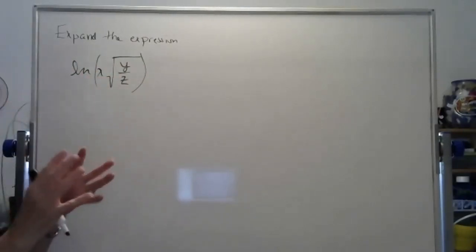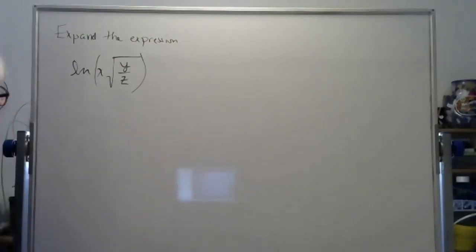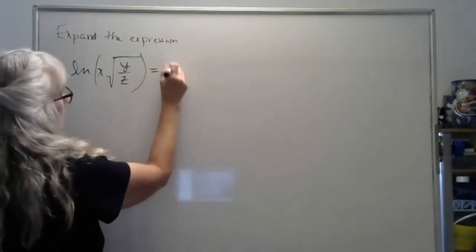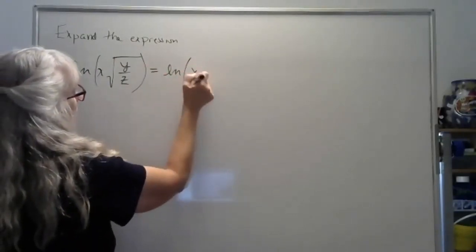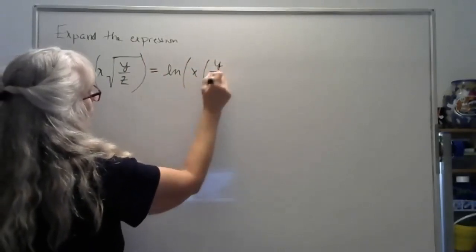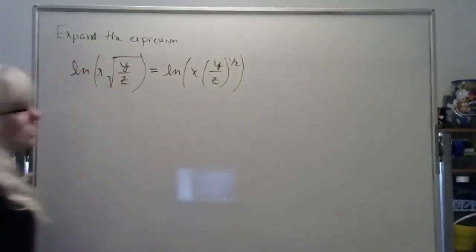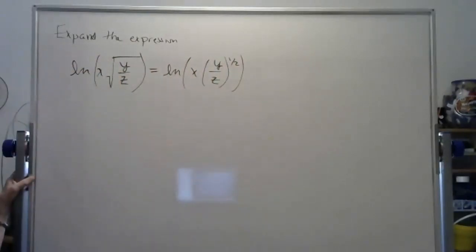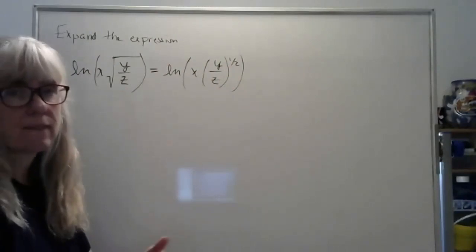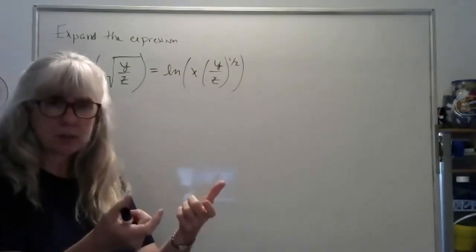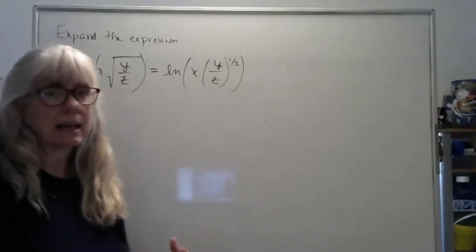Okay, so this is where you have to start unlayering things. So the very first thing I would do is recognize that that's the natural log of x, and then we're going to have y over z to the 1/2 power. Okay, so like we said yesterday, if it's from the numerator, it's going to be a positive term. If it's from the denominator, it's a negative term.